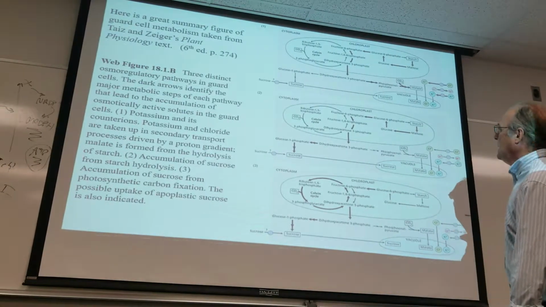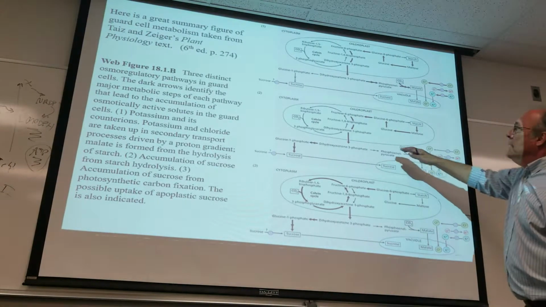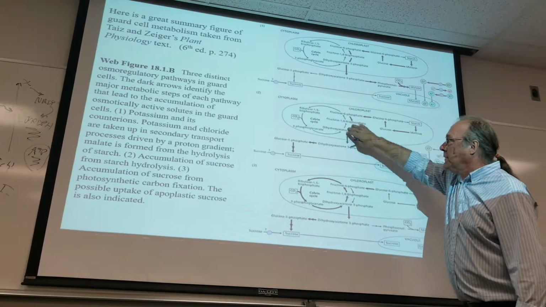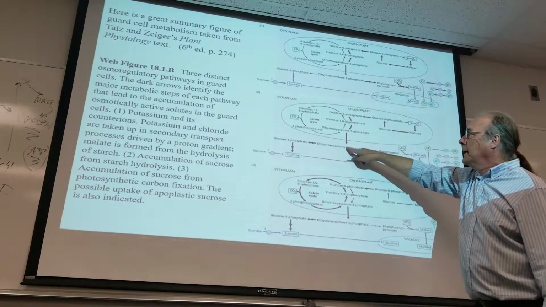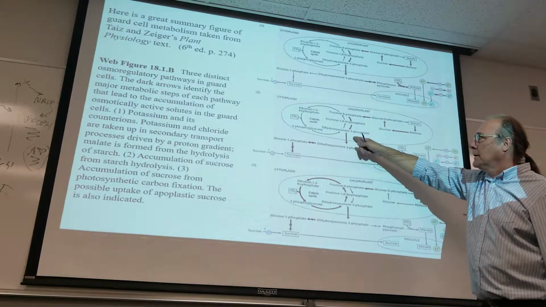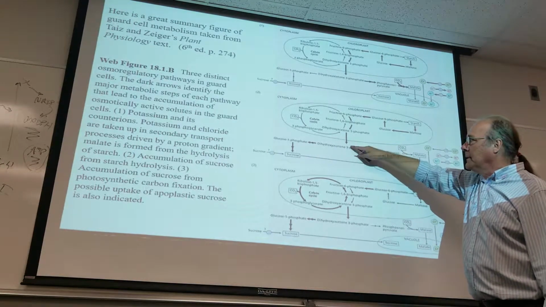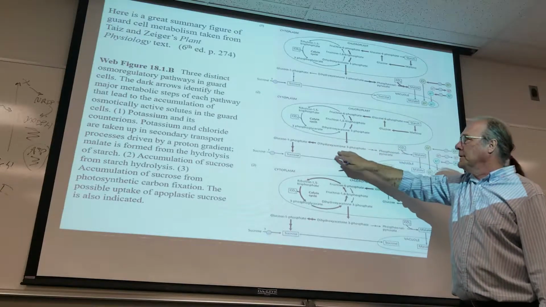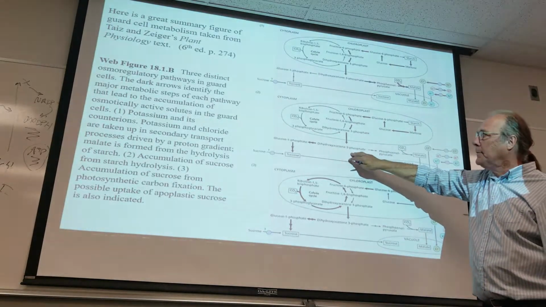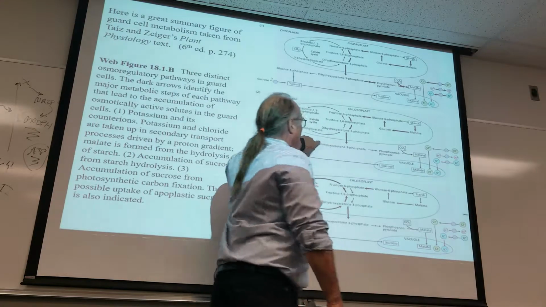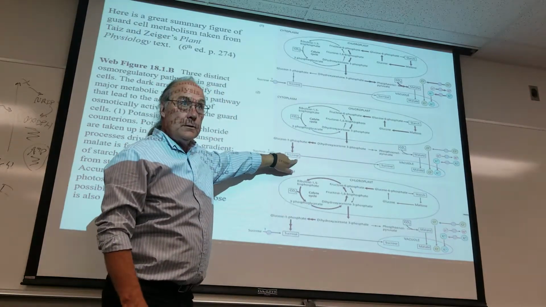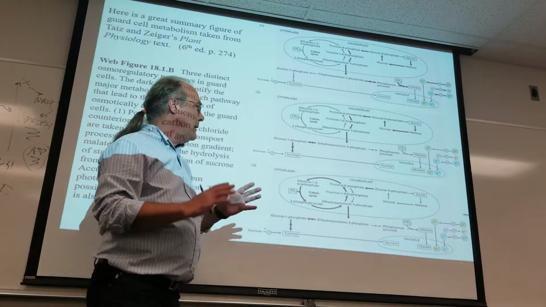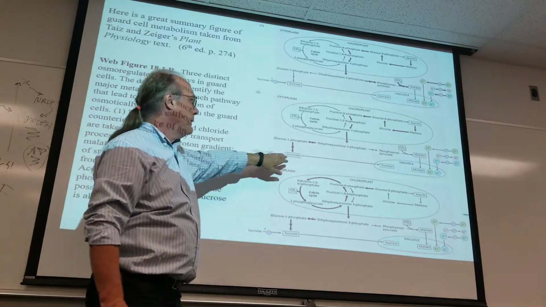On the other hand, carbon from current photosynthesis or from degradation of starch in the chloroplast can leave the chloroplast in the form of this 3-carbon compound and be incorporated into sucrose. We'll see in a minute, sucrose concentration also changes a lot, but on a slower time scale.